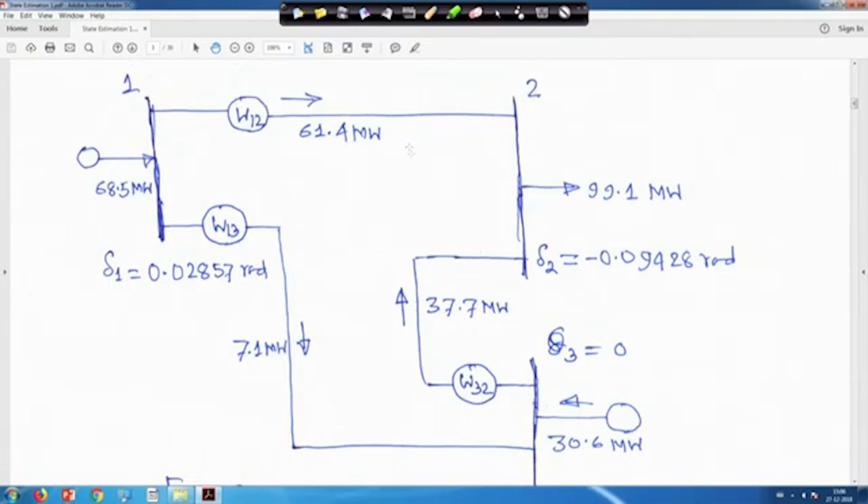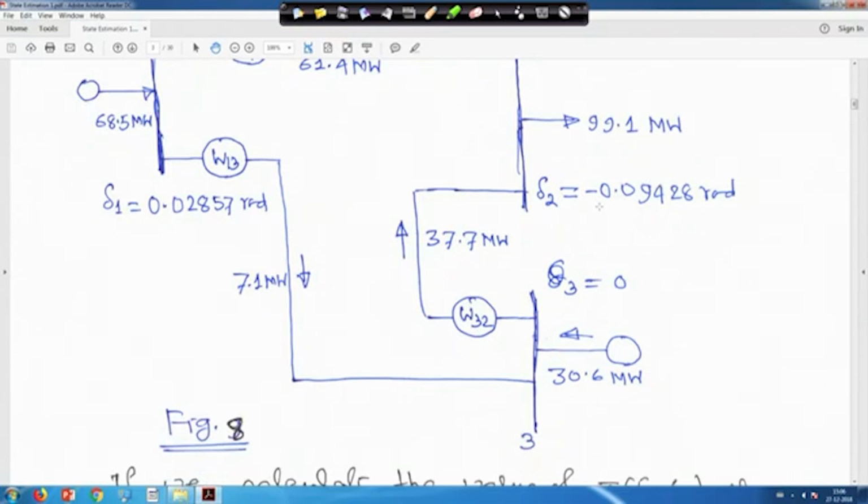61.4 plus 37.7 will be 99.1 megawatt, and delta 2 after estimation we got minus 0.09428 radian. This is the slack bus, so delta 3 is equal to 0, which we have assumed.